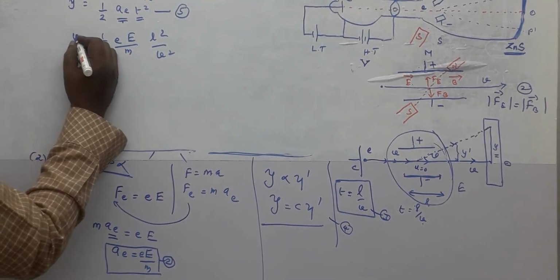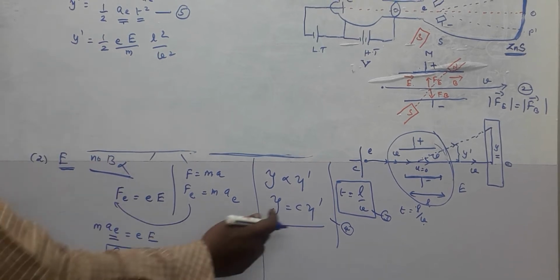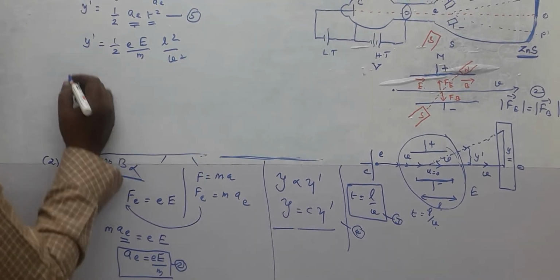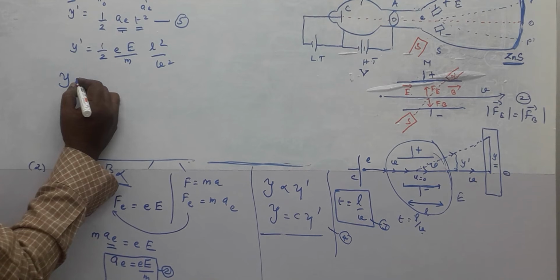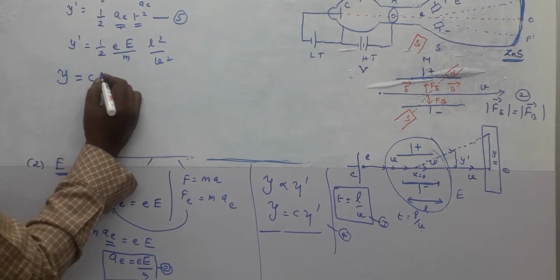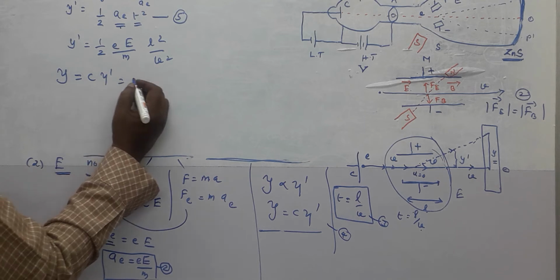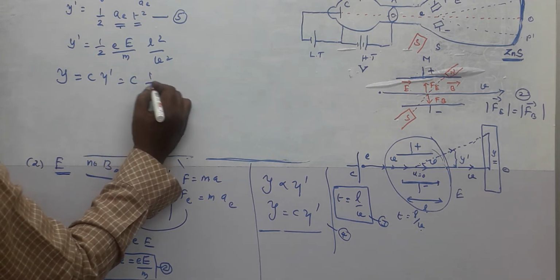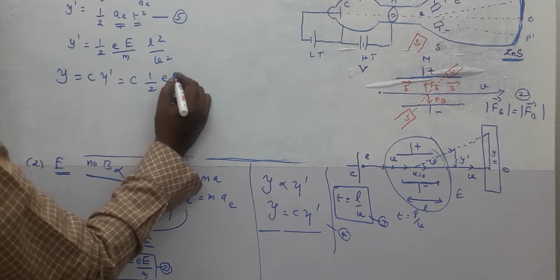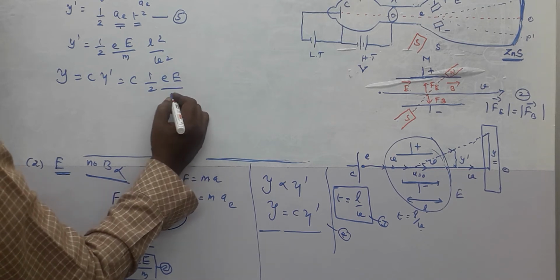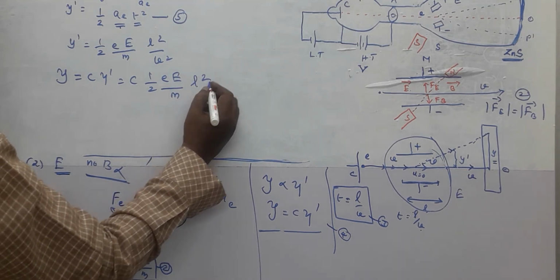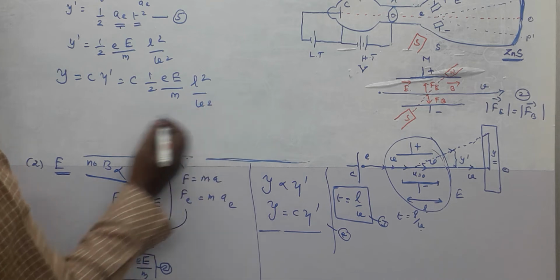This is called y dash. But already I wrote y is nothing but c into y dash. You have to substitute the value of y dash: y equals c into half of e capital E by m, L square by v square.